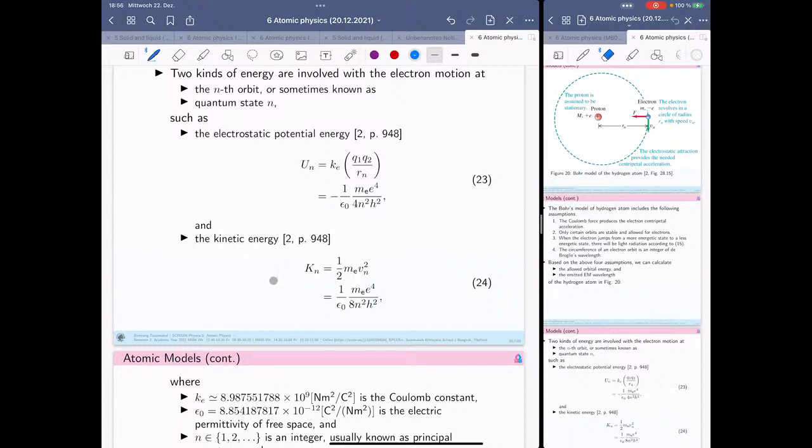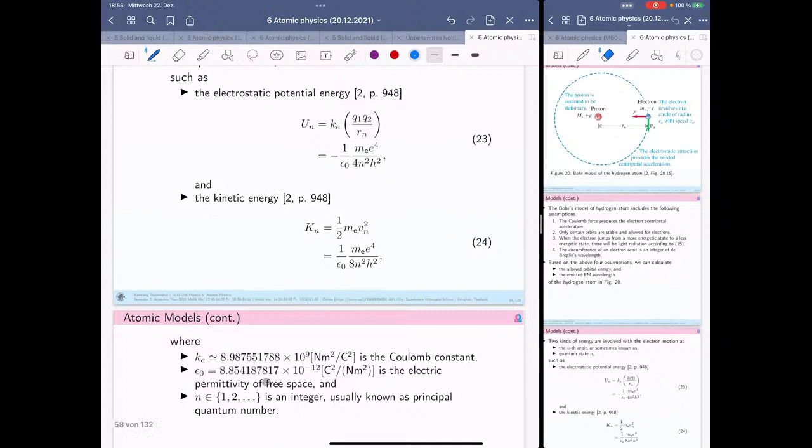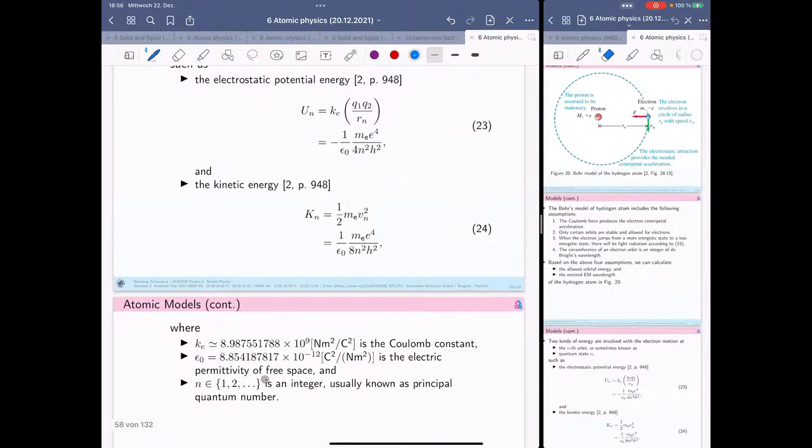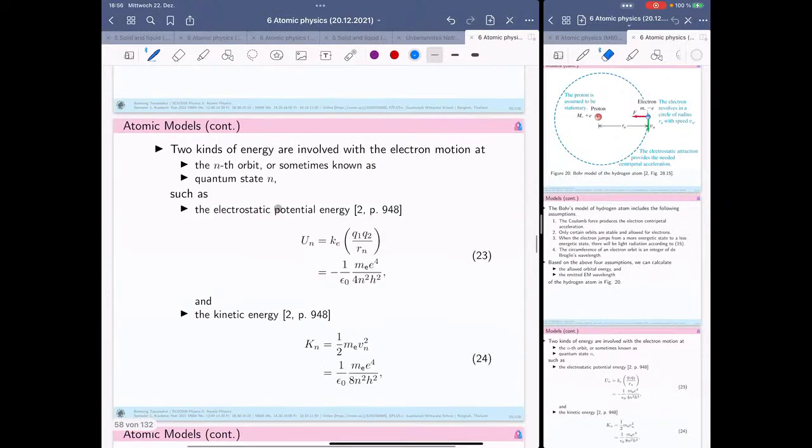And n is the integer, which is usually known as the principal quantum number, the main quantum number. There are four quantum numbers actually. That's the two major energies that could happen to the electron.